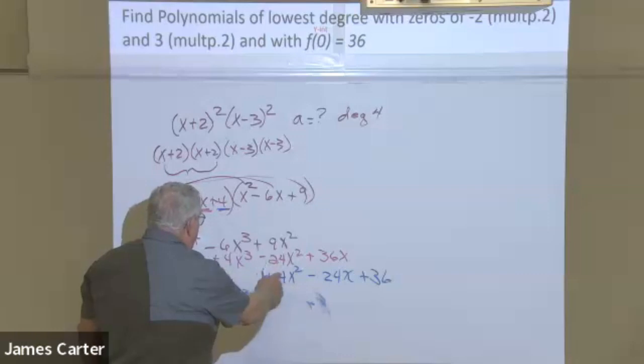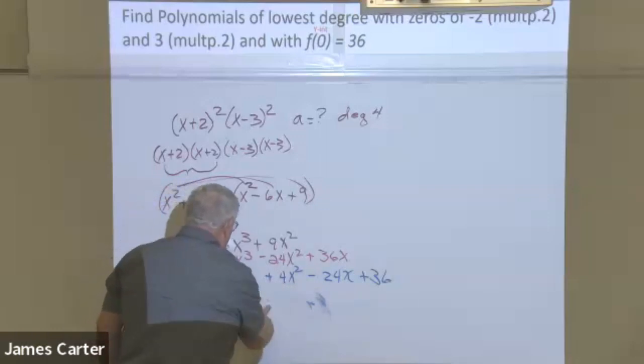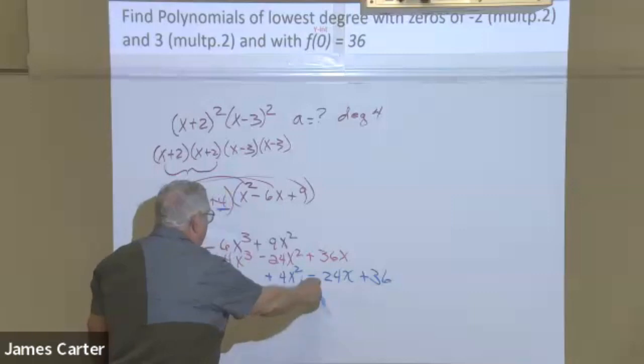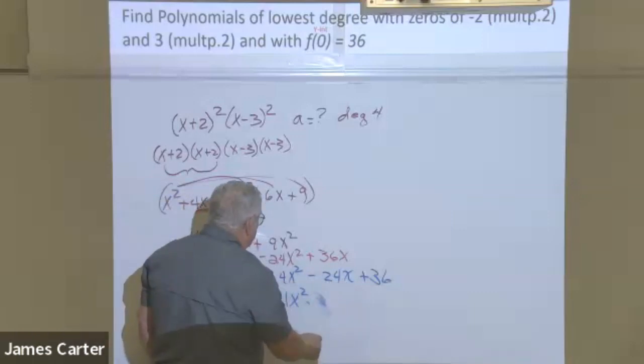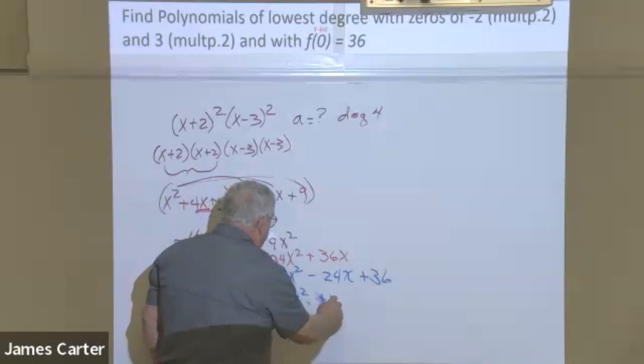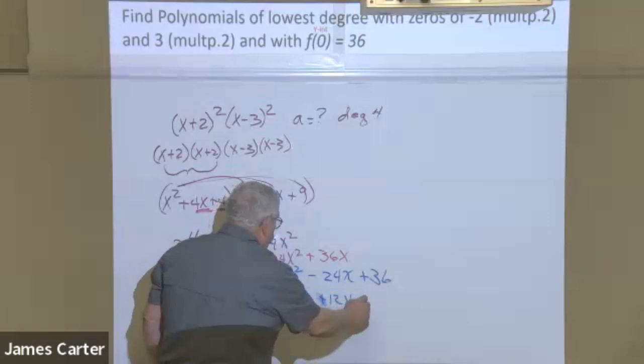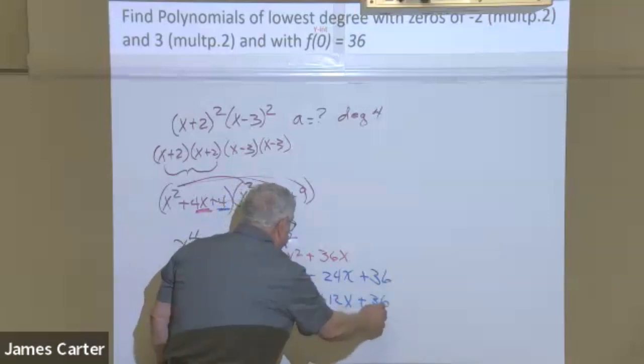Out of that, negative 15 plus 4 gives us negative 11x squared. Okay, here, these two give me positive 12x plus 36.